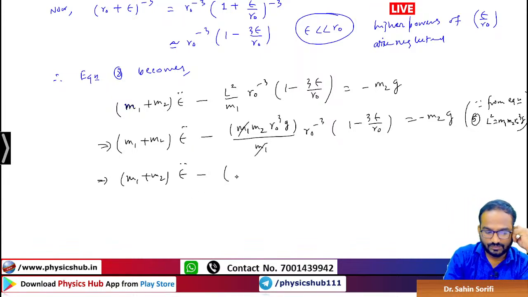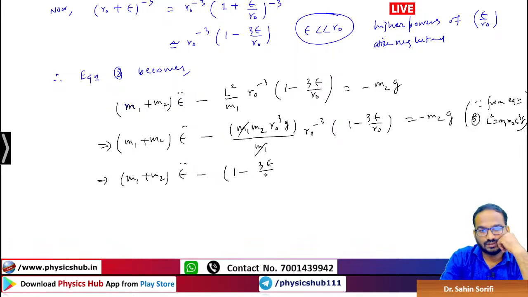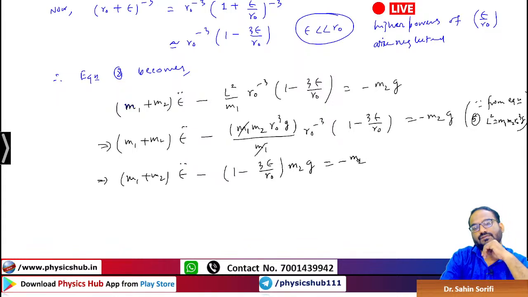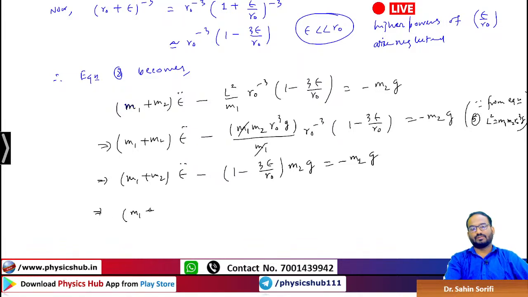So what you are left with is 1 minus 3 epsilon by R naught times M2G equals minus M2. And you see M2G is cancelling from both sides. You are left with M1 plus M2 epsilon double dot plus 3.